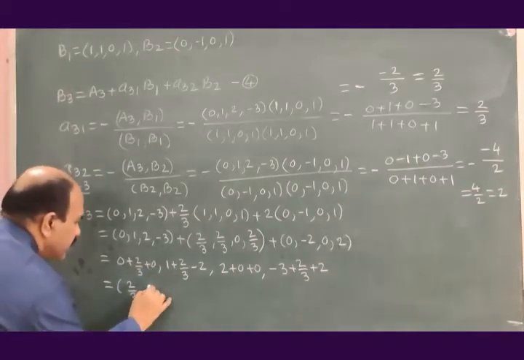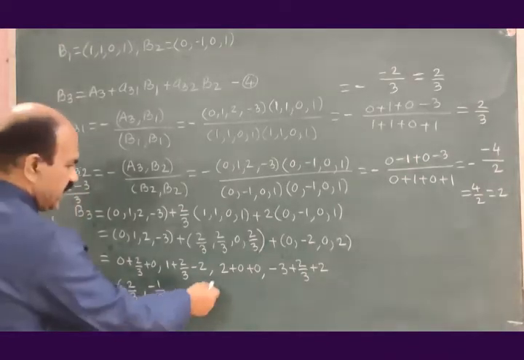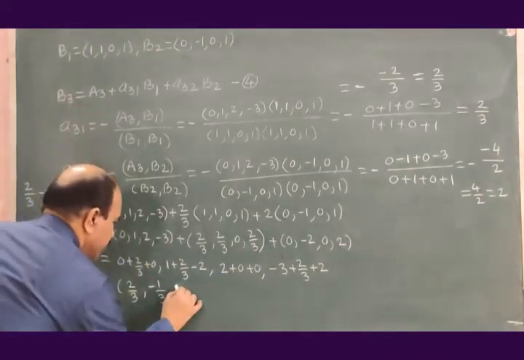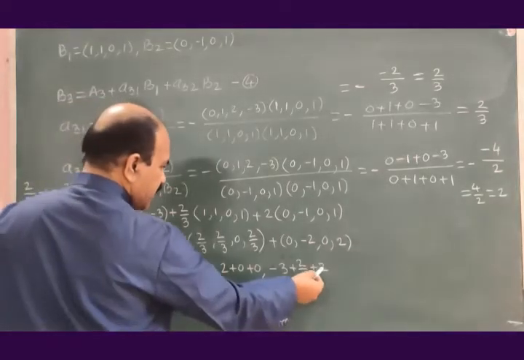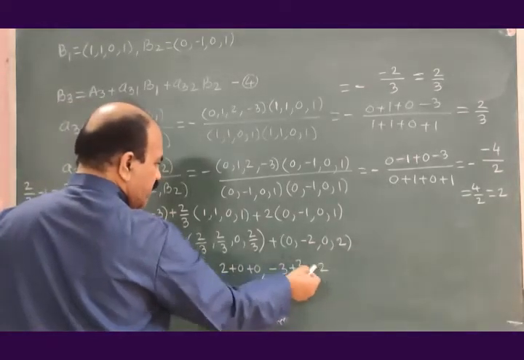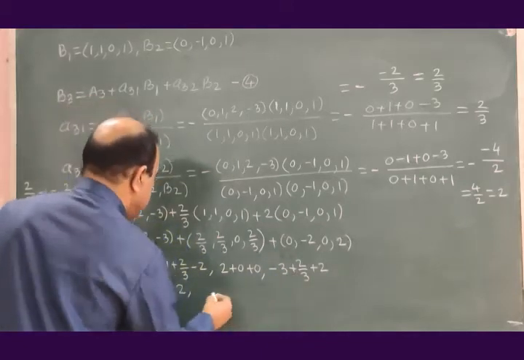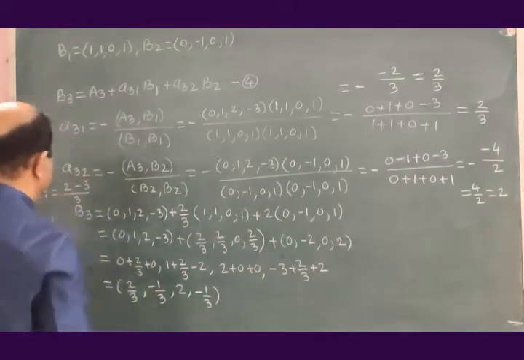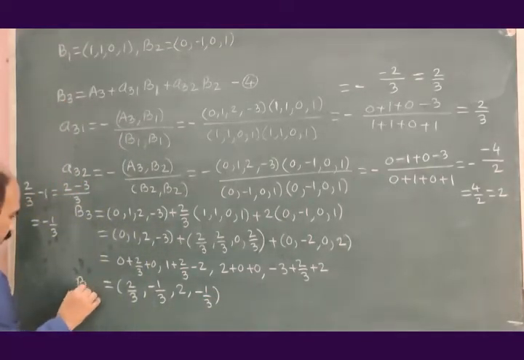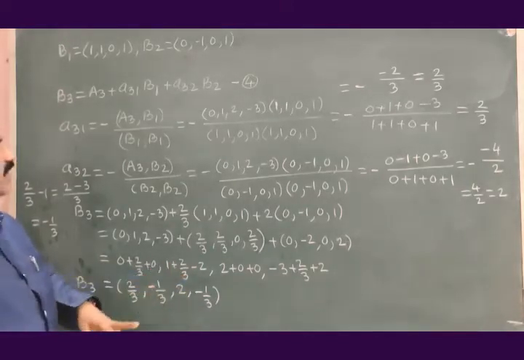So the second one is minus 1 by 3, comma, 2 plus 0 plus 0, it is simply 2, comma, this is minus 3 plus 2 minus 1, 2 plus 3 minus 1, the same thing, minus 1 by 3 will come here. So B3 is equal to 2 by 3, minus 1 by 3, 2, minus 1 by 3.